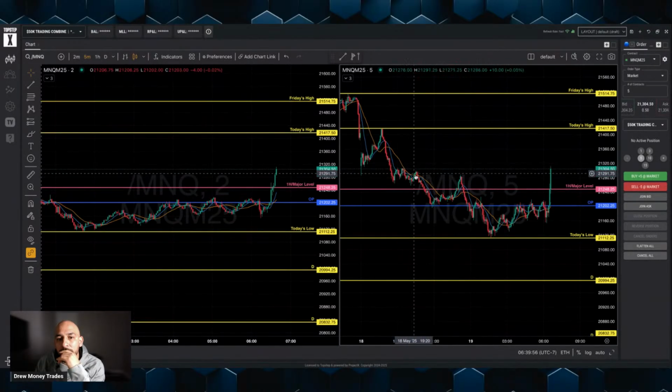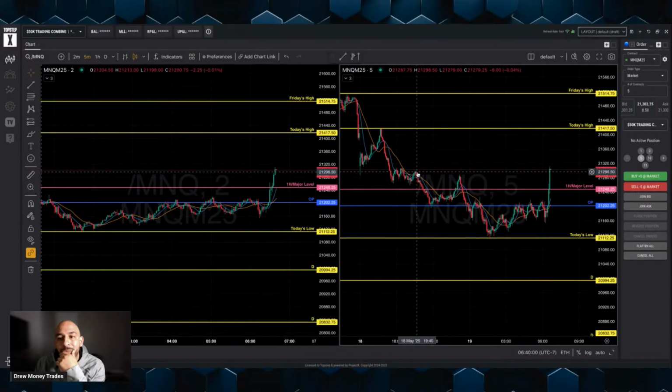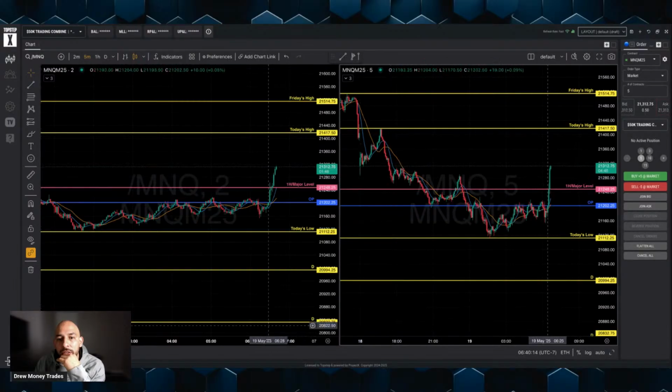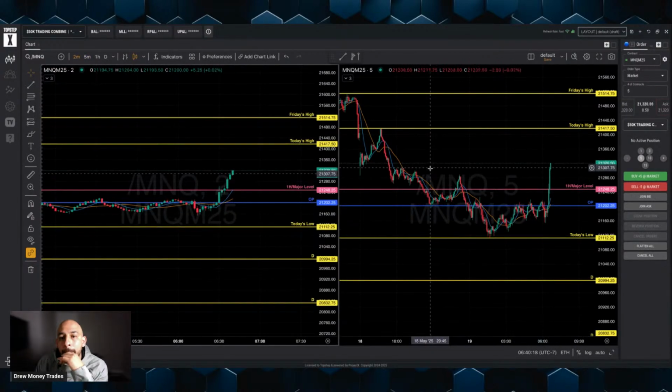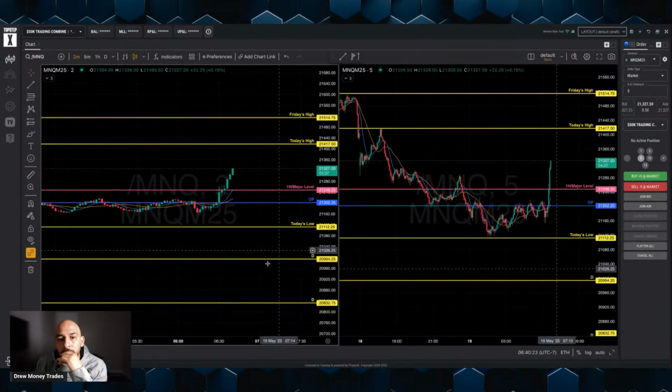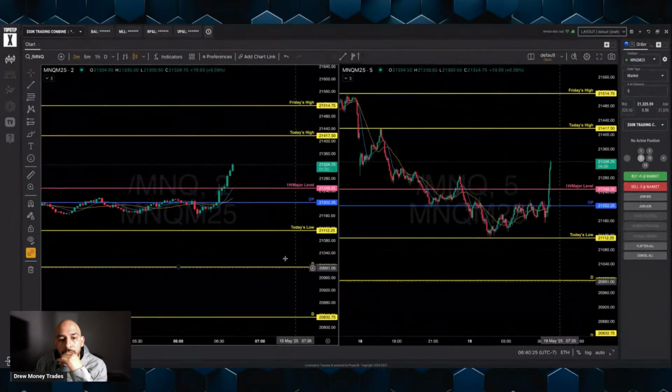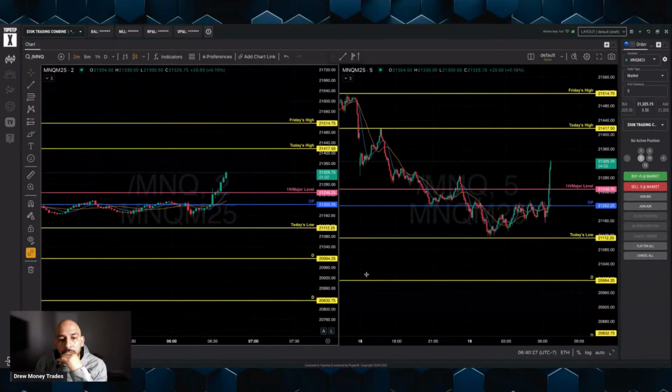See this little consolidation: resistance, resistance, lower high, and then breakdown. So this needs to hold for a long. Yep, it's holding. Okay, let's see.